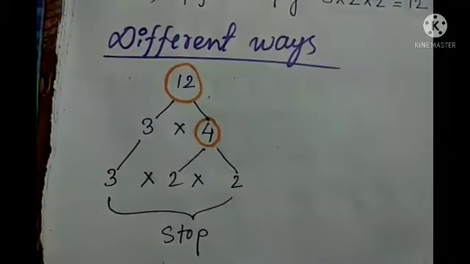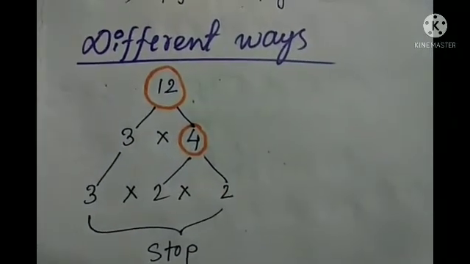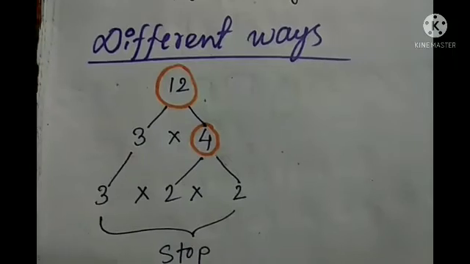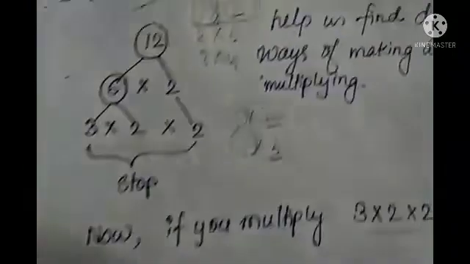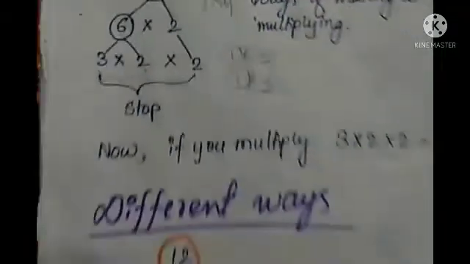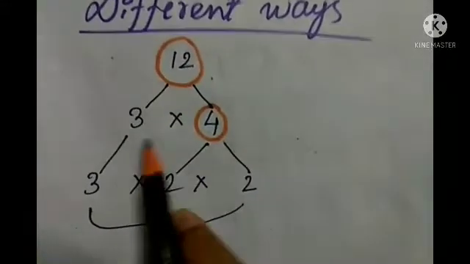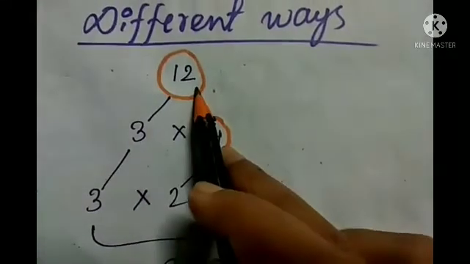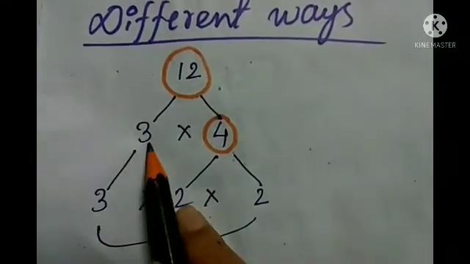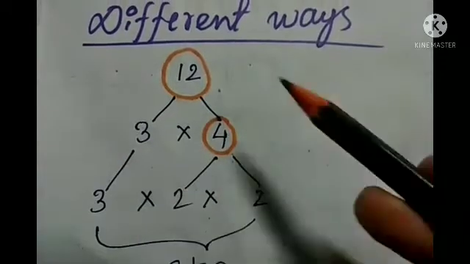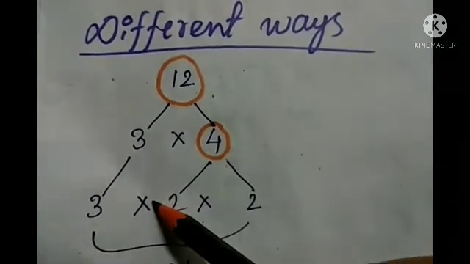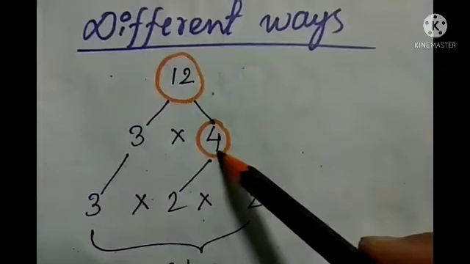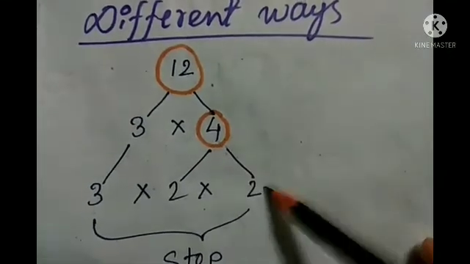As I told you, it's not mandatory that you have to start from 2 only or 3 only. In the first step I showed you 6 into 2, but here I have started with 3 into 4, because 3 4s are also 12. Now 3 cannot be broken because it has only 1 as a factor. So 3 will remain as it is, multiplication sign, but 4 can be broken up, right? 2 into 2, 2 2s are 4.